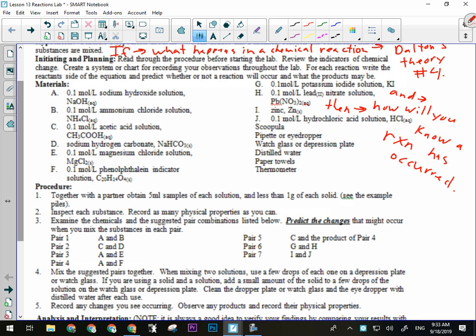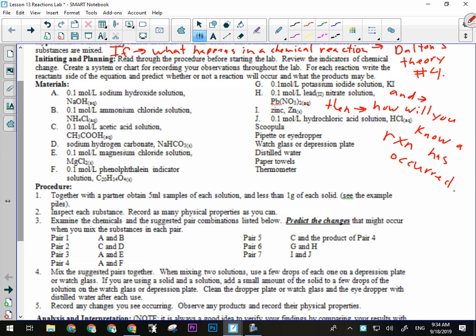Phenolphthalein is an indicator. It turns pink in basic conditions. It turns clear in acidic conditions. Because the pH of blood is slightly basic, it turns pink. Well, it's not a 100% reliable indicator, but it works pretty well, and it looks cool on TV. So we'll be doing that now.